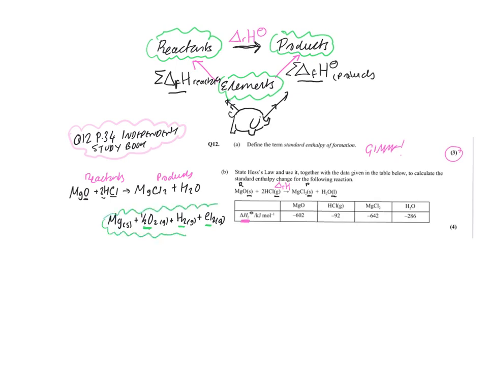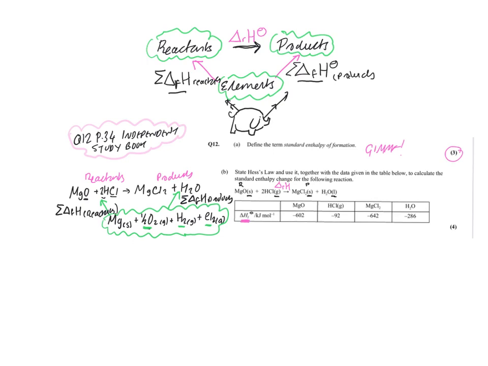And the elements that react to form the reactants are exactly the same elements that react to form the products. And therefore here is the sum of the enthalpy of formation of the reactants. And here, this is the sum of the enthalpy of formation of the products.